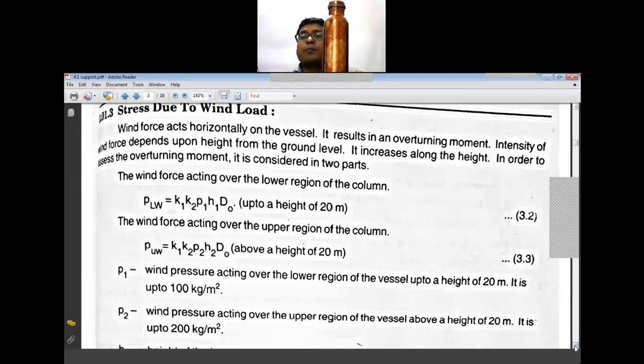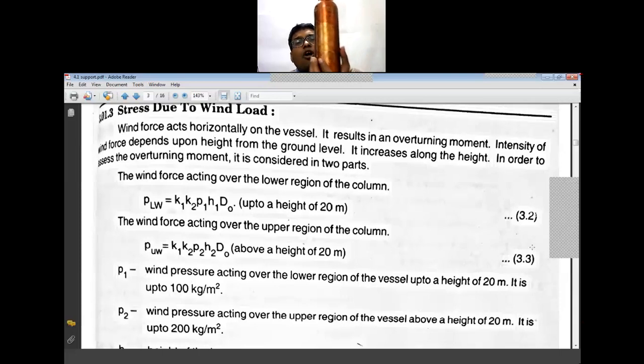If I am going to put this insulation, I have to consider the diameter of the vessel as the diameter with the insulation. So my total diameter is going to increase when I put the insulation over that. So the wind forces act over the lower region and upper region of the column. Now there are two sections which are taken into account for this column.